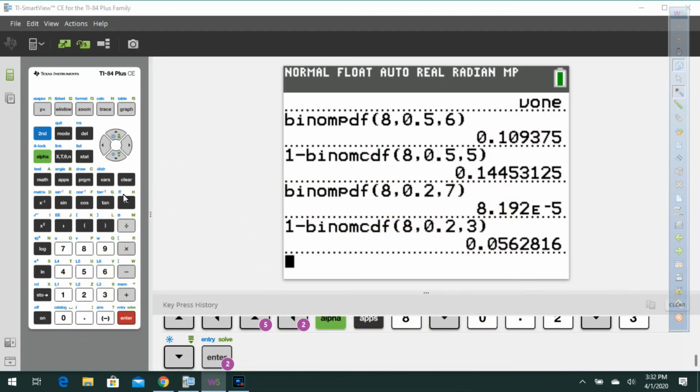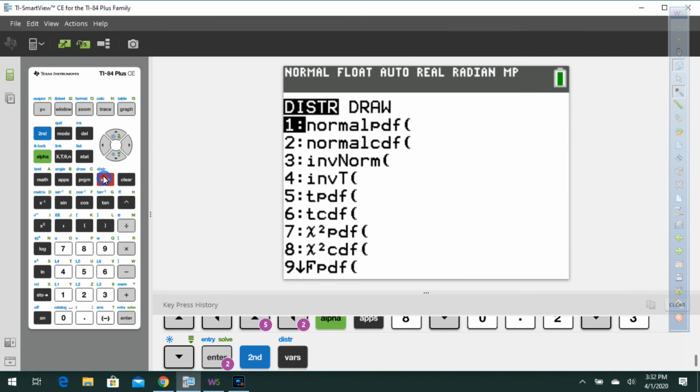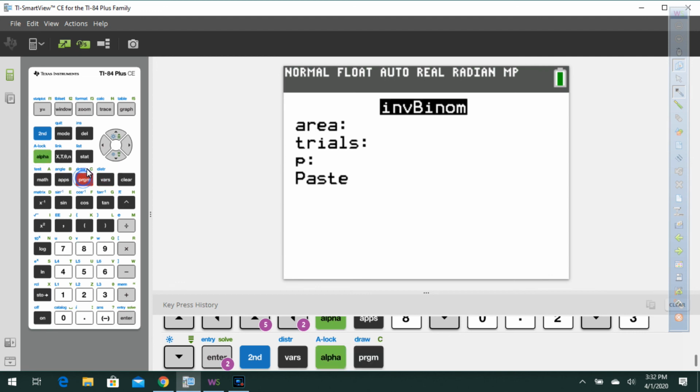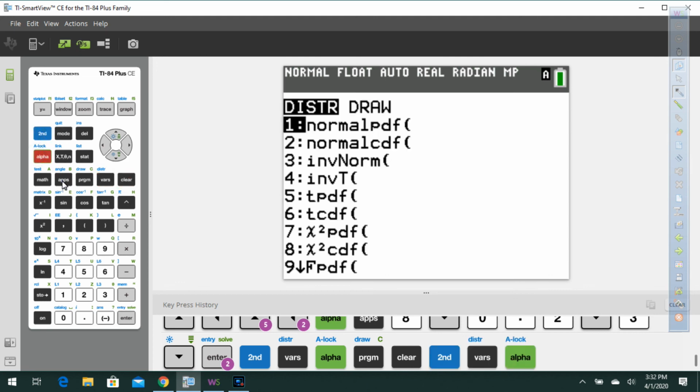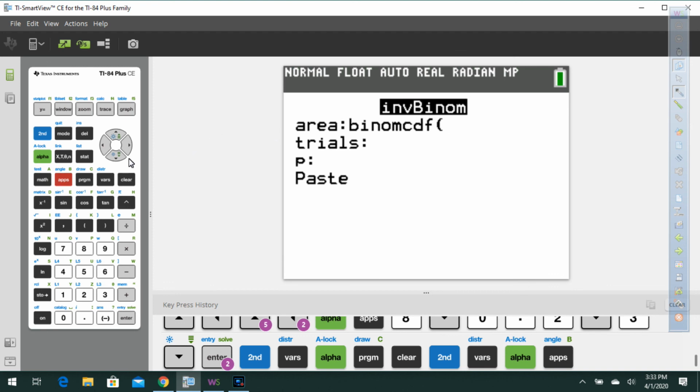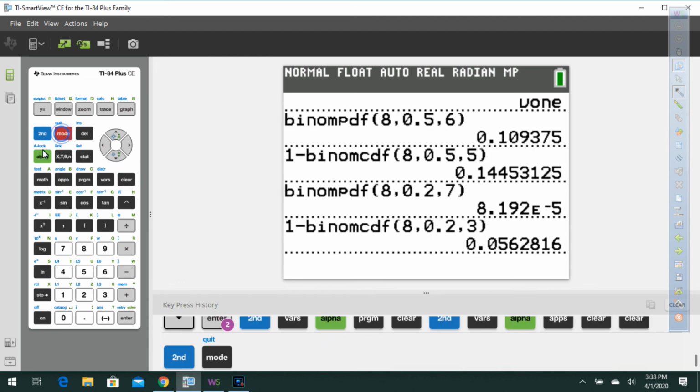Let's try that. Second distribution, alpha, B, that gets me there quicker. Oh, I hit the wrong one. Clear. Second distribution, alpha, and there we go. Did I do it again? Oh, clear. Second, quit.